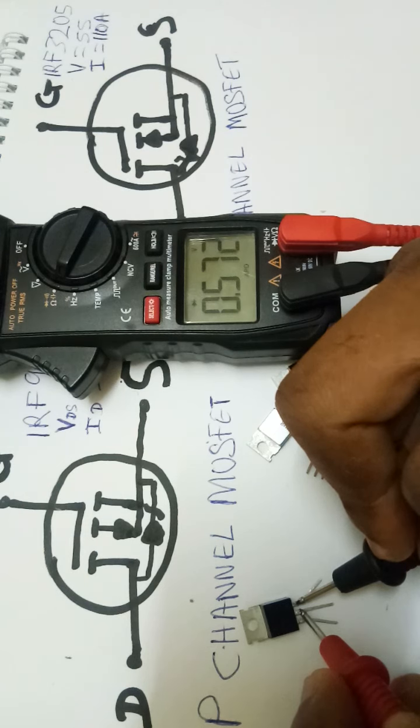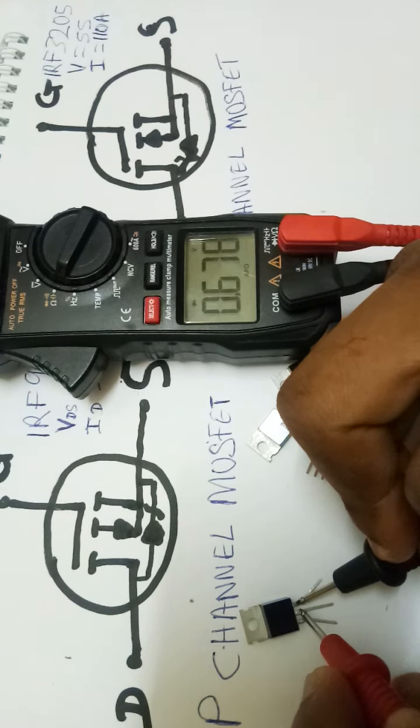As you can see, my red probe is on the drain, and my black probe is on the source. This is how to test a P channel.